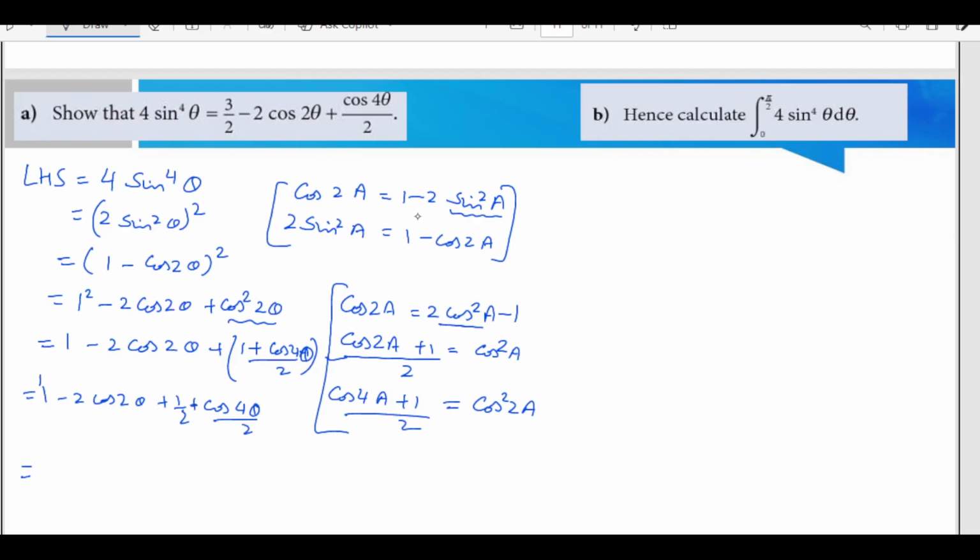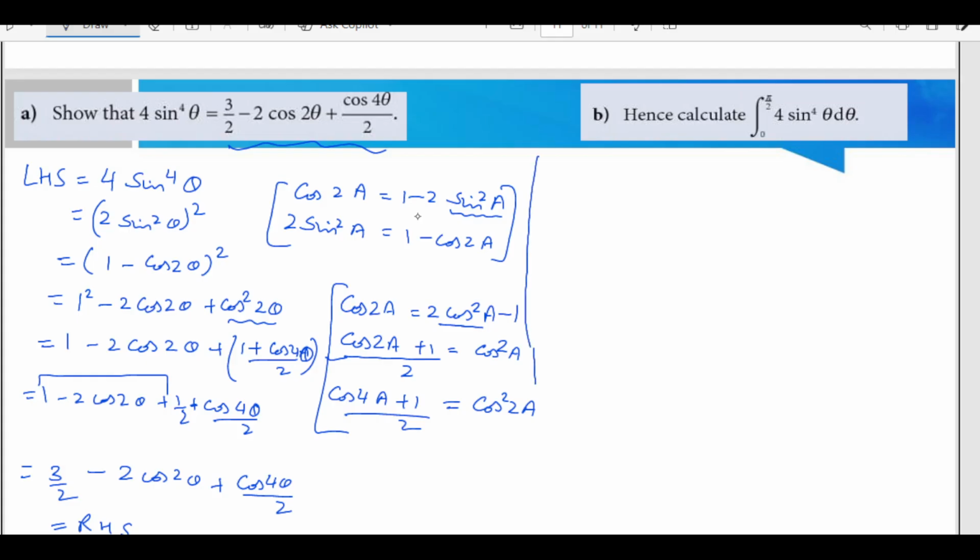Once you combine the constants, this is 3 over 2. As you keep looking at the right hand side of the question, you see 3 over 2, then minus 2 cos 2 theta and plus cos 4 theta over 2, right? So this is equal to the right hand side. Hence we have shown what was required, right?